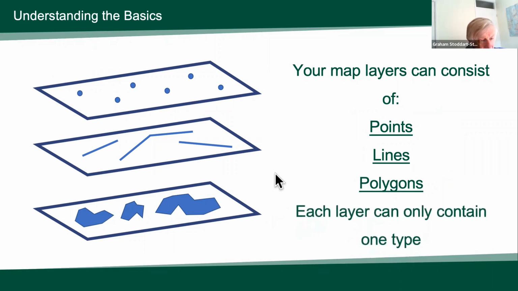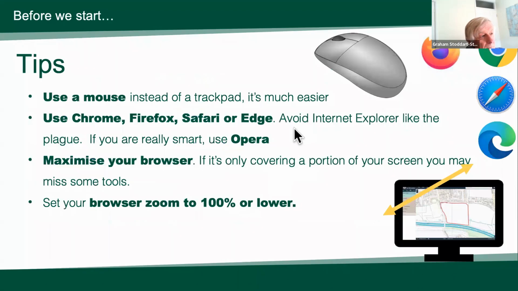And when you build layers in Parish Online, each layer can only have one of these geometries, they're called. So you only have one type of geometry on each layer. So if you're trying to depict information that contains both points and lines, then you just do one layer for each and demonstrate them both at the same time. It becomes very simple. It becomes very second nature.